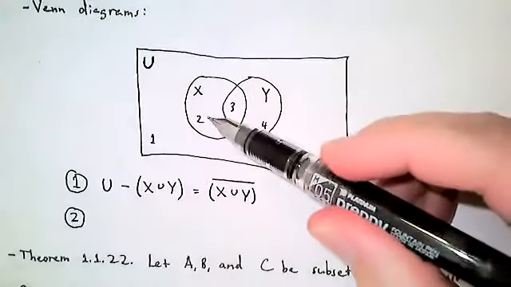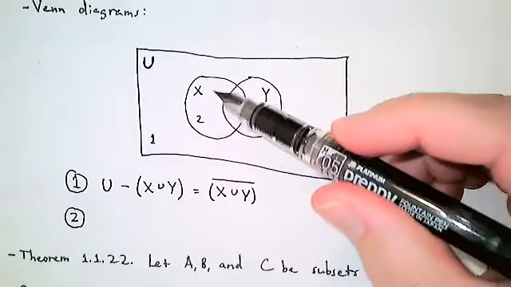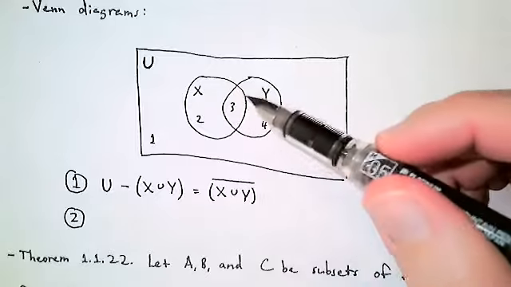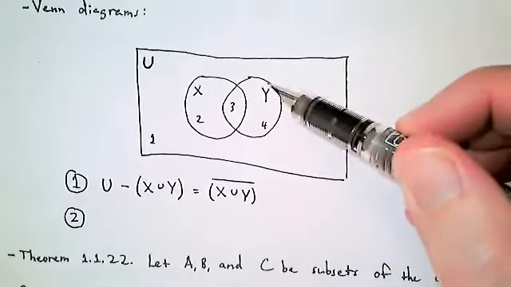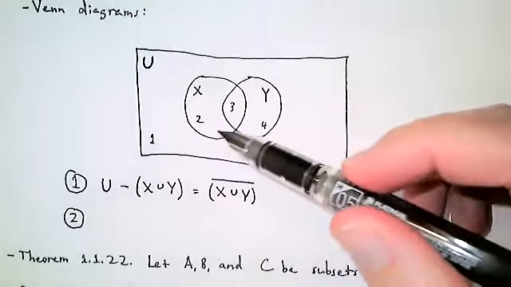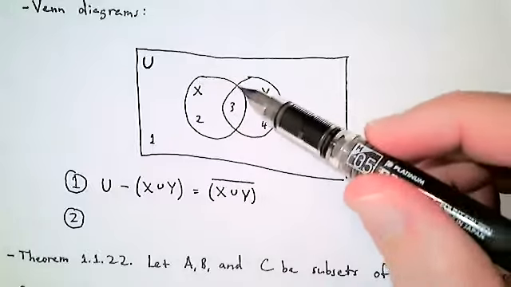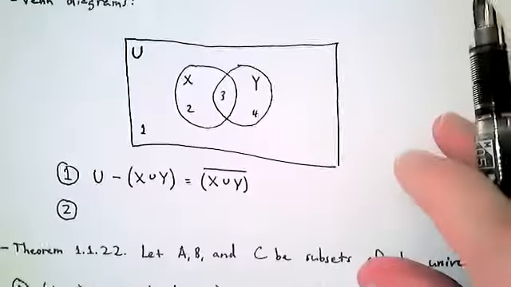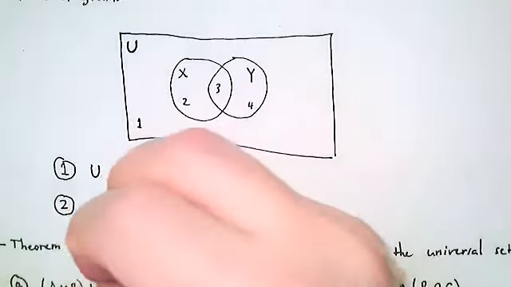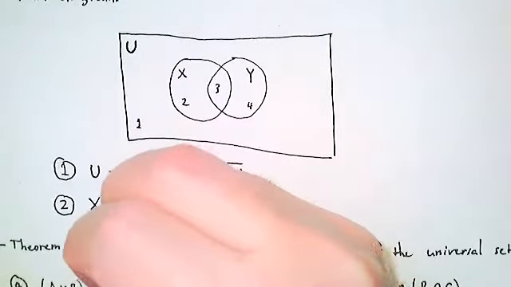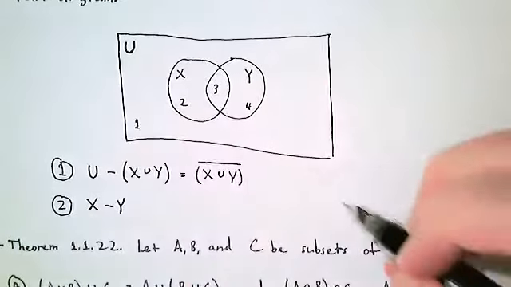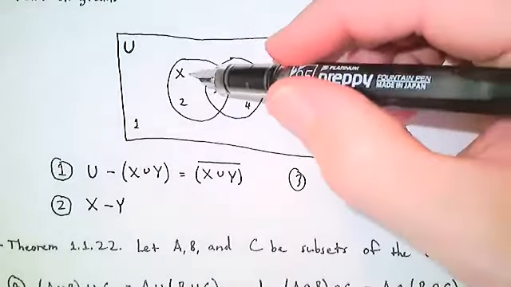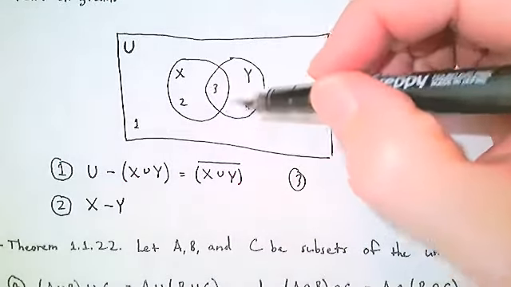Okay, so let's move on to the second region. This is the area of X that doesn't overlap with Y. So if I can take my set X and subtract off all of this, I'll get what I need. So that's X minus Y. And then 3 is where the two circles overlap.